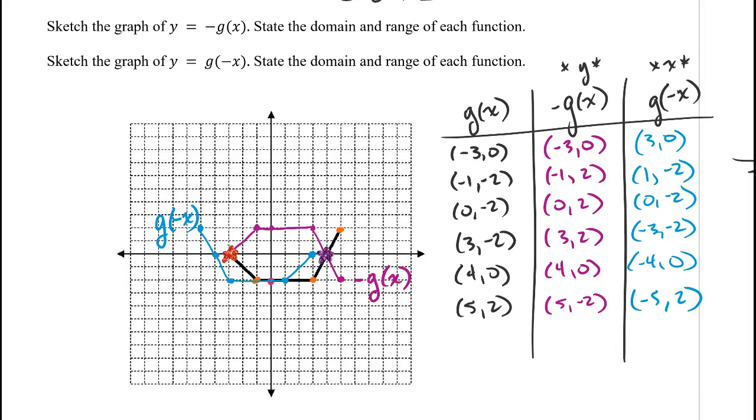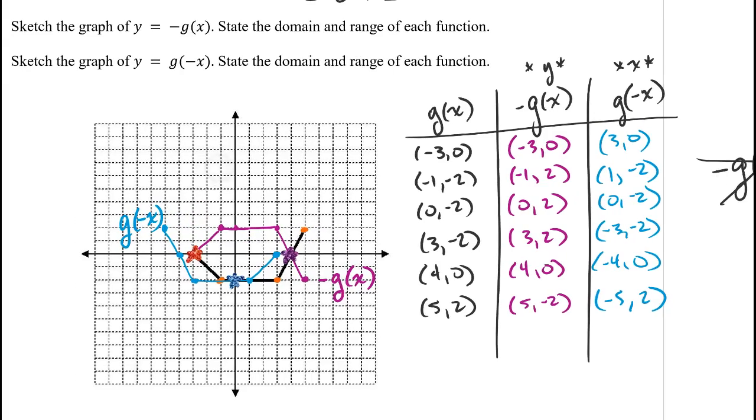Whereas reflecting over my y-axis resulted in this invariant point here. So again, when we're talking about invariant points, for reflecting over my y-axis, they show up on my y-axis. For reflecting over my x-axis, they show up on my x-axis. So again, just helpful little hints to be more proficient, more efficient when drawing these graphs.